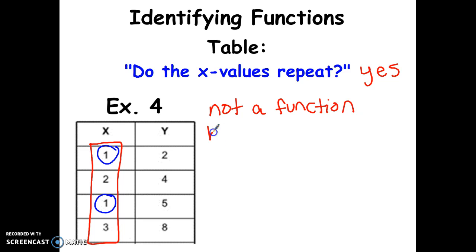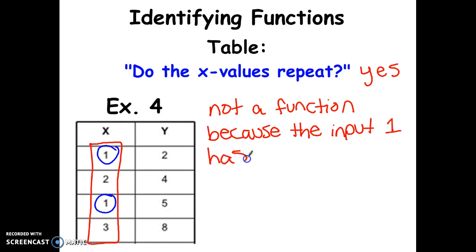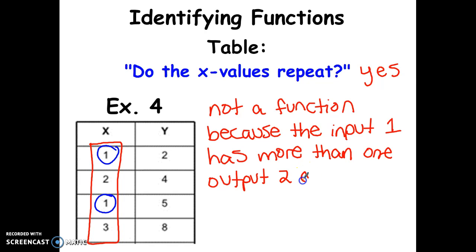This is not a function because the input 1 has more than one output. And those outputs are 2 and 5.